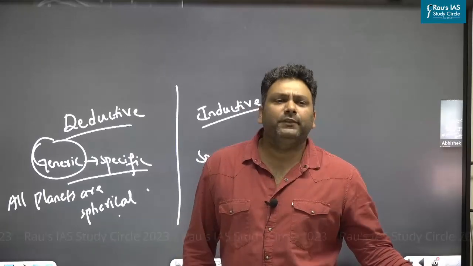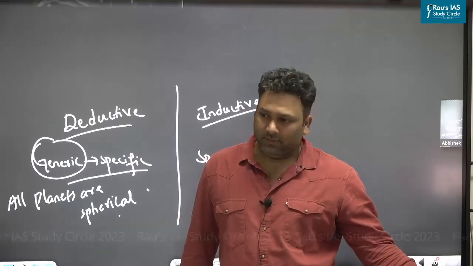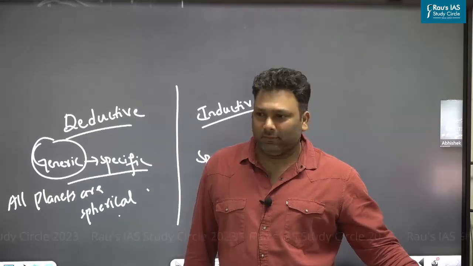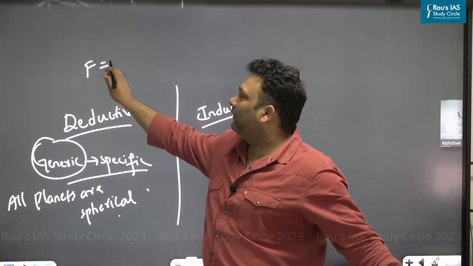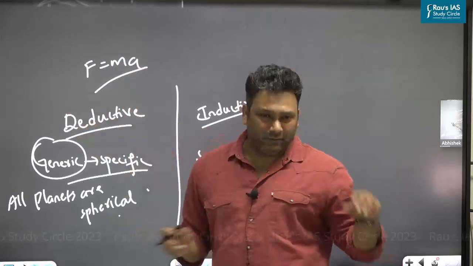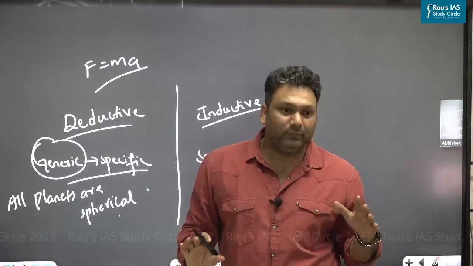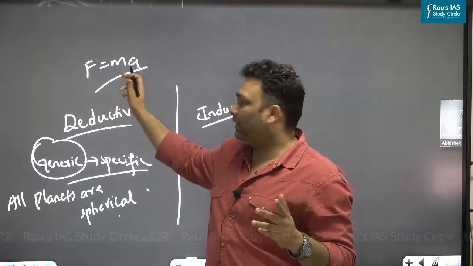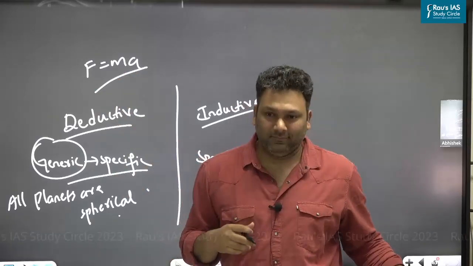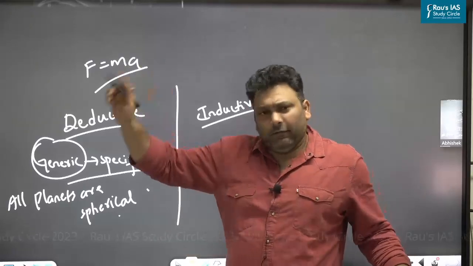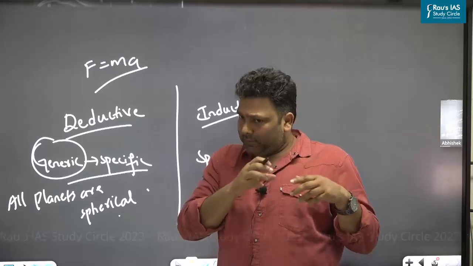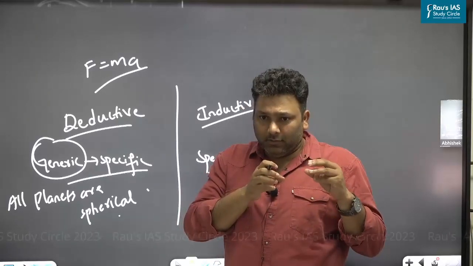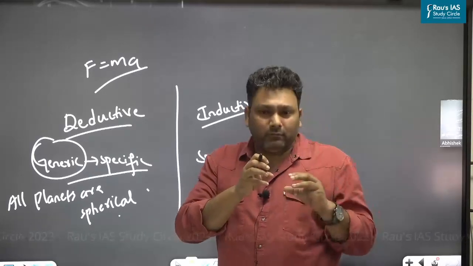For example, Newton's laws are also there. What is Newton's law? F is equal to ma, for example. You must have seen 2 bodies. You're applying a force on that body, and the force is mass into acceleration. But is F equal to ma applicable to a neutron and a neutron? Is it applicable to a proton and a neutron?